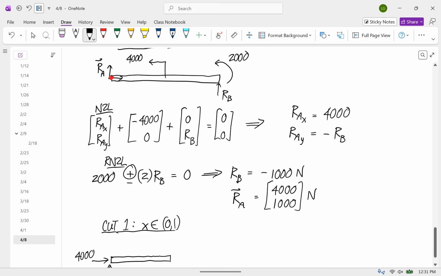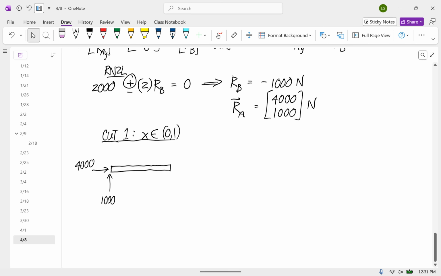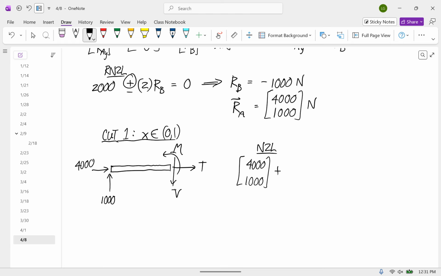We haven't gotten to these two things yet. And so all we have is T, V, and M. And so Newton's second law says 4,000, 1,000 plus T, negative V is equal to 0. And so T is negative 4,000 and V is positive 1,000.